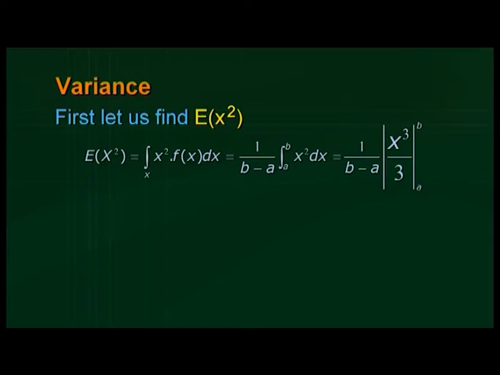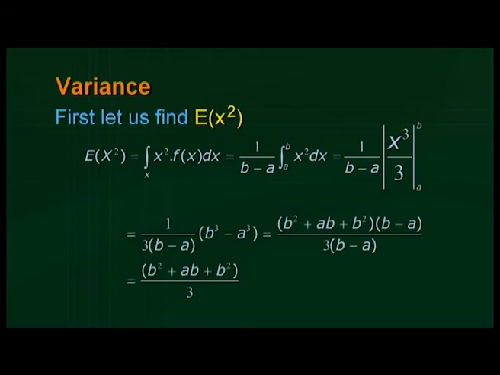By integrating x square, we get 1 divided by b minus a into x cube divided by 3, ranges from a to b. This is equal to 1 divided by 3 into b minus a into b cube minus a cube.